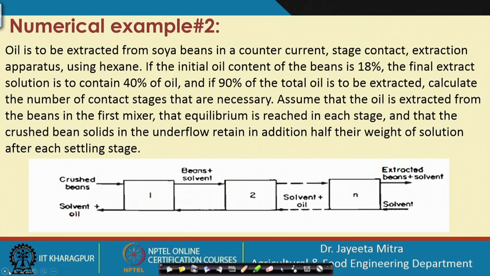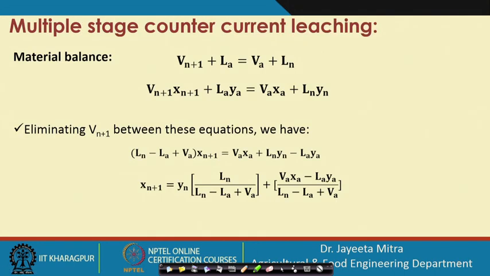This is the multi-stage diagram, and V n plus 1 is the solvent entering into the nth stage, and L A is the solid material from which we need to extract a particular component, solute or oil, at the rate L A. This will be equal to V A plus L N, where V A is the solvent or the extract that we are getting from here, and L N is the slurry from the nth stage.